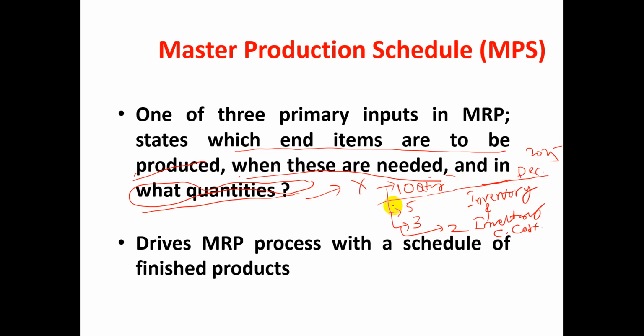But the customer may send some information or mail, please delay my order, maybe these 5 you can deliver in December 25, this may be March 26, and this may be December 26.